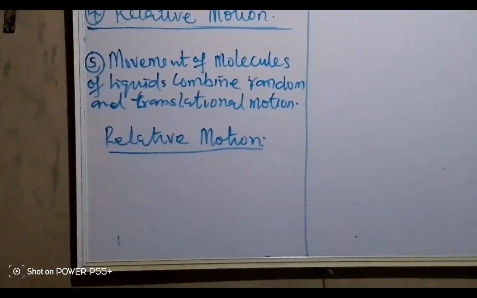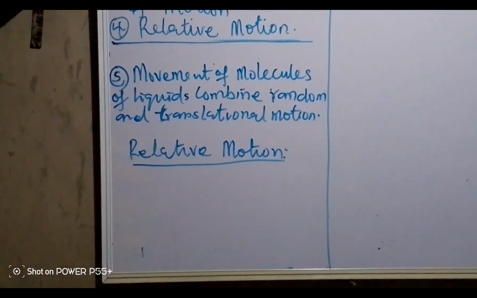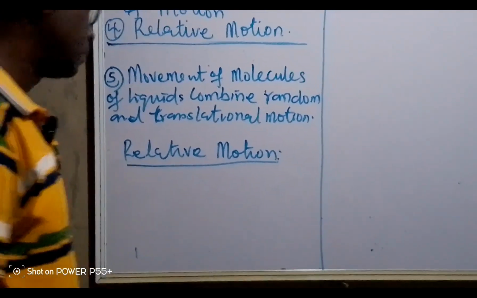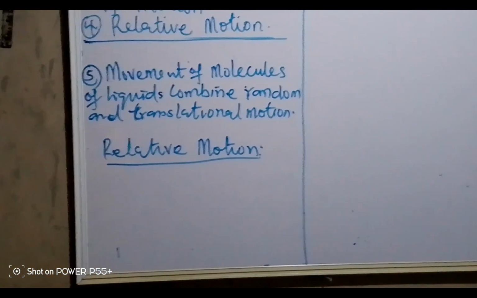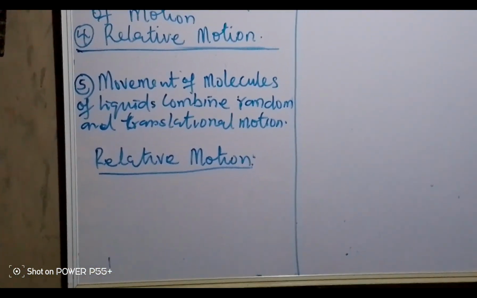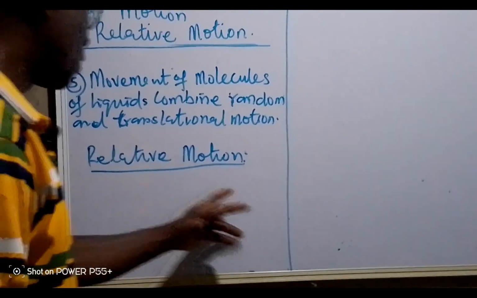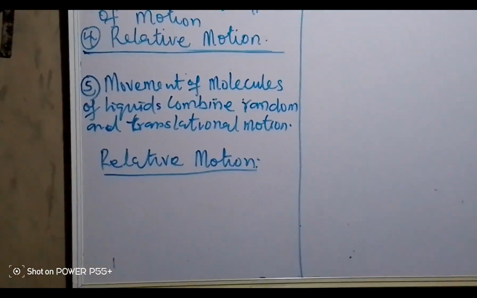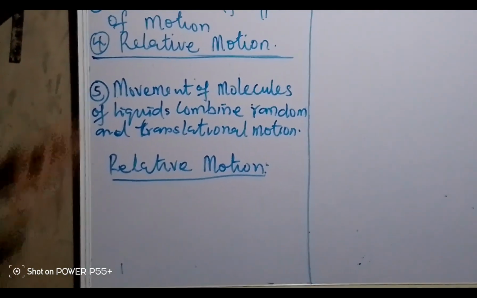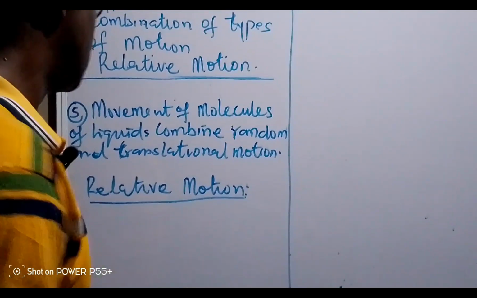Next is relative motion. Relative motion is the comparative motion of two or more objects from a frame of reference. I take it again. Relative motion is the comparative motion of two objects from a frame of reference. That is, all the types of motion we've mentioned are relative in nature.